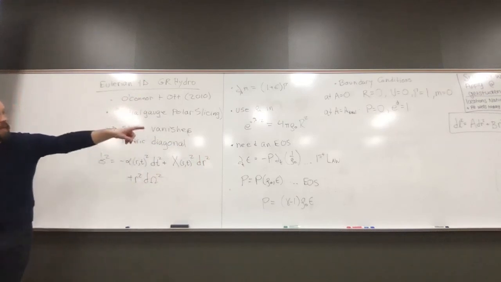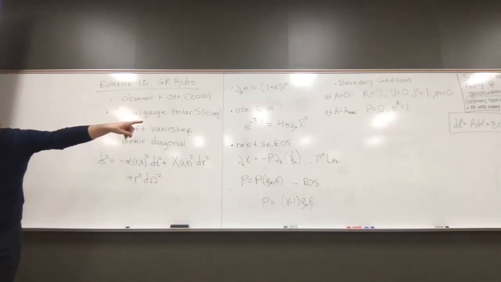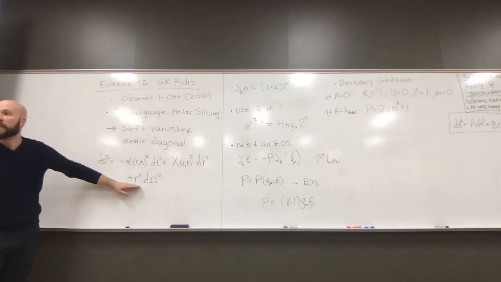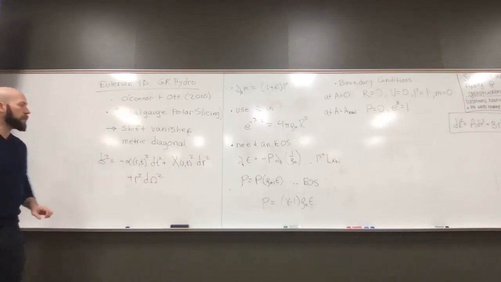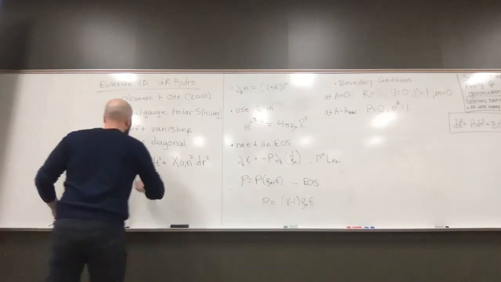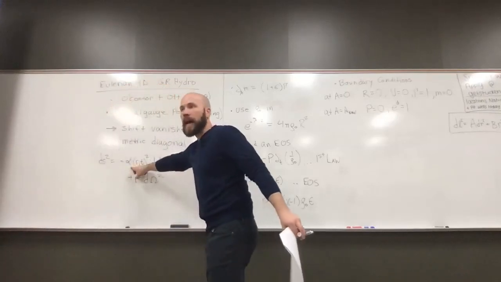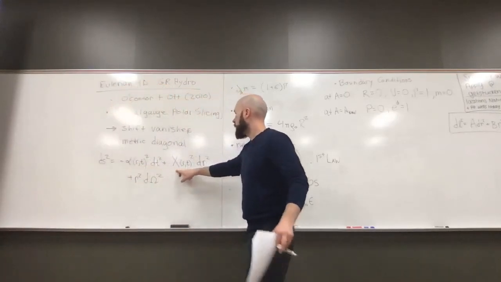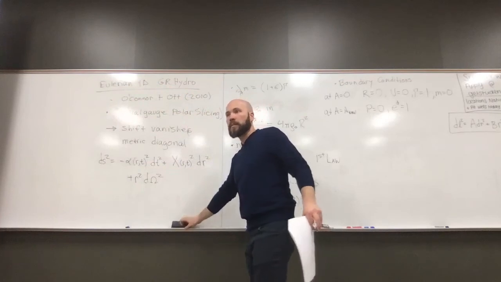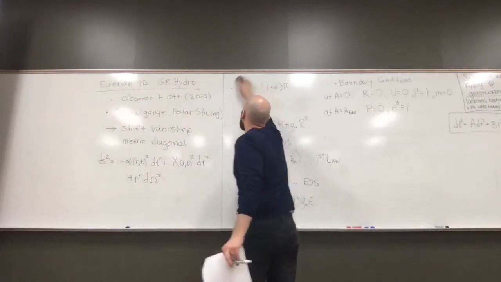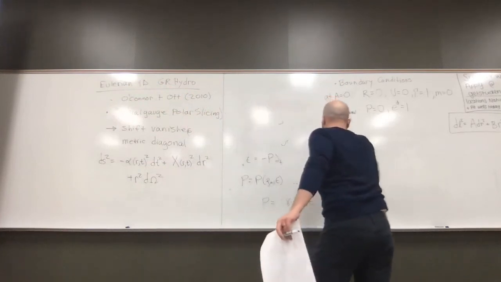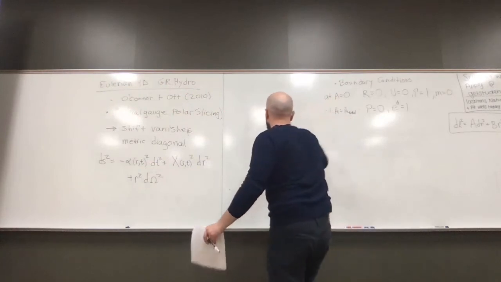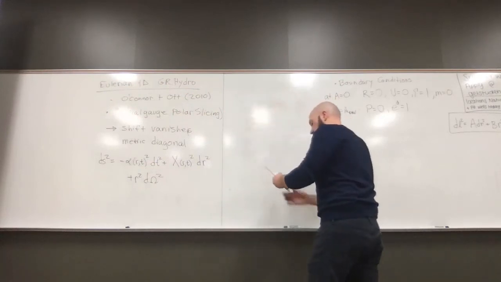And you'll note, by comparison to my general line element over there, b is equal to 1, as it must for a radial gauge. Right? And we'll use the polar slicing constraint in a second. And so now I have these functions. That's my lapse, obviously. And then this is a spatial function X, which depends on space and time as well. So I need to solve for that. Okay.